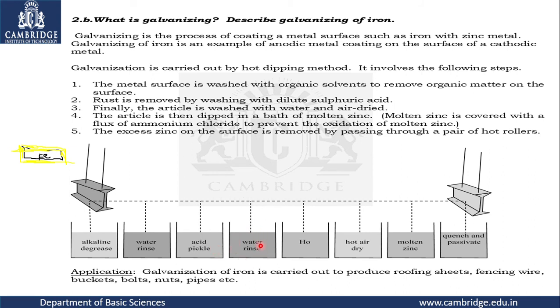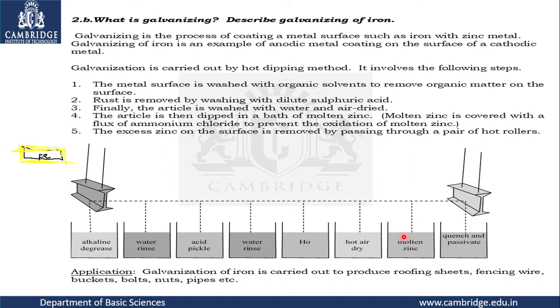Then it is immersed in a molten zinc bath, covered with a flux of ammonium chloride and zinc chloride. This is maintained at 420 to 470 degrees centigrade, because at that temperature zinc will not undergo oxidation.